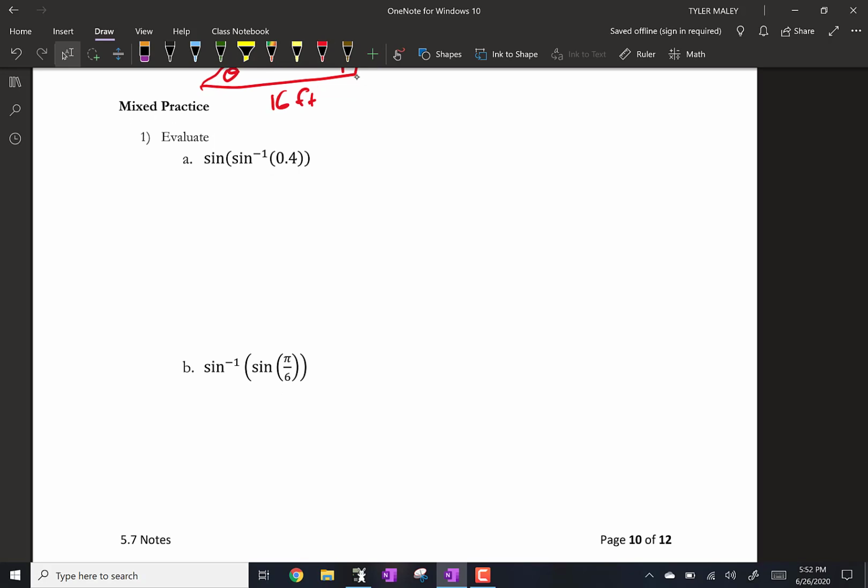Now the rest of the ones I have are just some mixed practice to help us solve. The first one, number 1, is evaluate sine of inverse sine of 0.4. Don't forget, something that we know is that sine of inverse sine of x equals x, where x has to be in between -1 and 1.